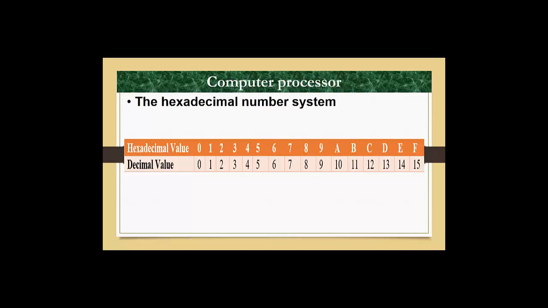The 4 bits have binary values ranging from 2^0 in the rightmost position to 2^3 in the leftmost position. When all 4 bits have a 1, the total decimal value is 15, or the equivalent of the hexadecimal F.